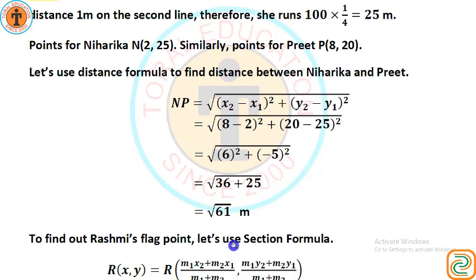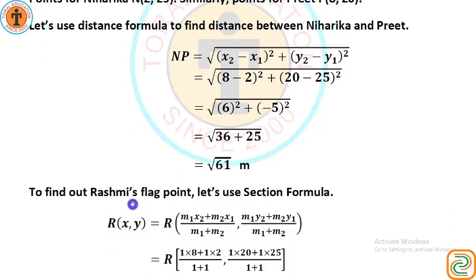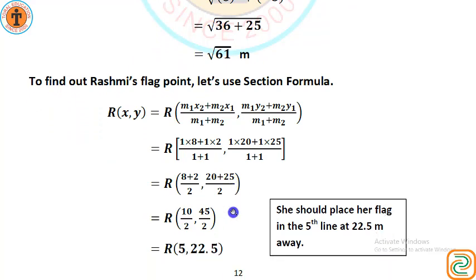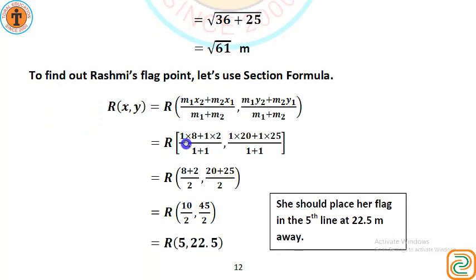Okay. Now to find out Rashmi's flag point, let's use the section formula. We can use the midpoint formula also, right? But we have used the section formula. Ratio is 1:1 because she wants to post her flag at the midpoint, the middle. Therefore 1 into 8 plus 1 into 2, the formula is here.